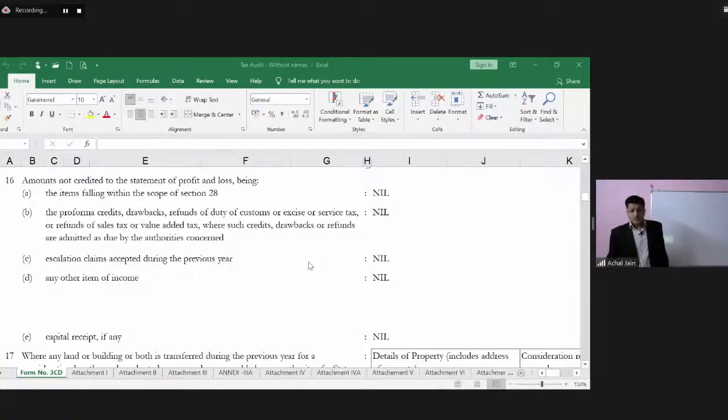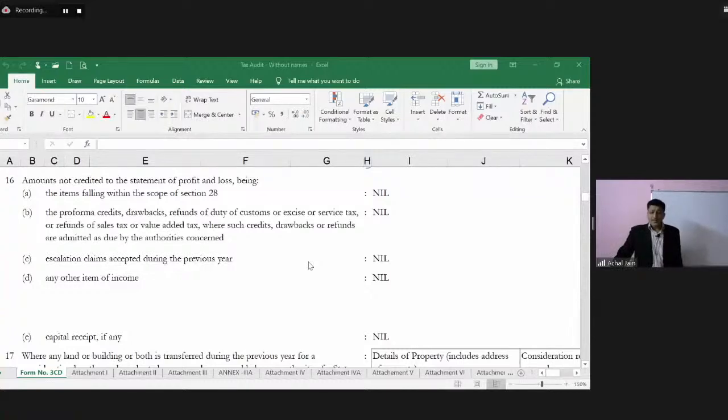It requires auditor to check the amounts which are not credited to the statement of P&L, means amounts which are not taken to P&L, being the items falling within the scope of Section 28, the pro forma credits, duty drawbacks, refund of duty of customs or excise or service tax, or refund of sales tax or value-added tax, where such credits, drawbacks or refunds are admitted as due by the authorities concerned.